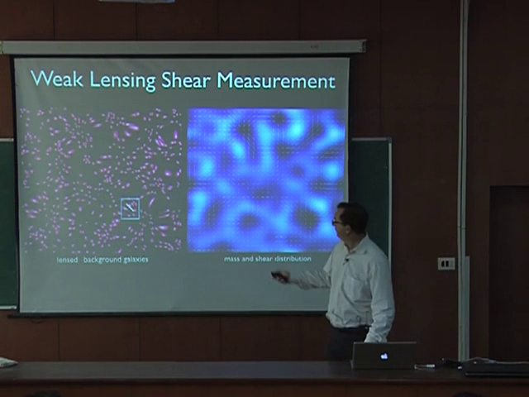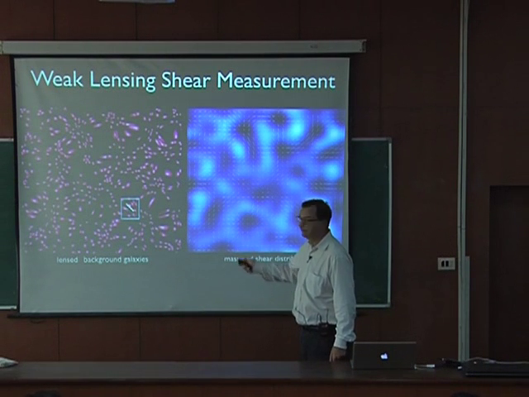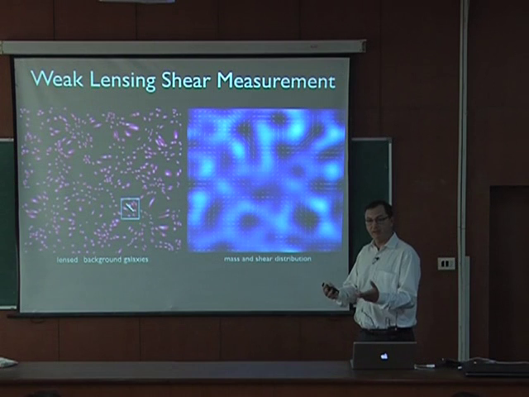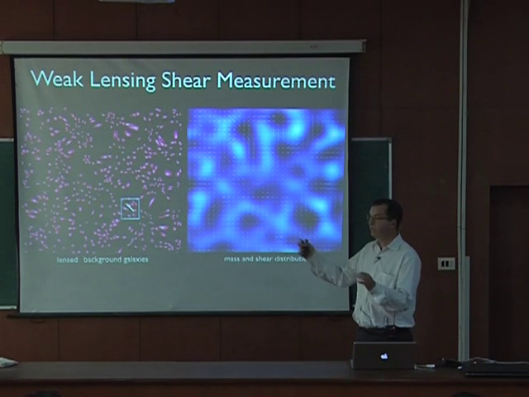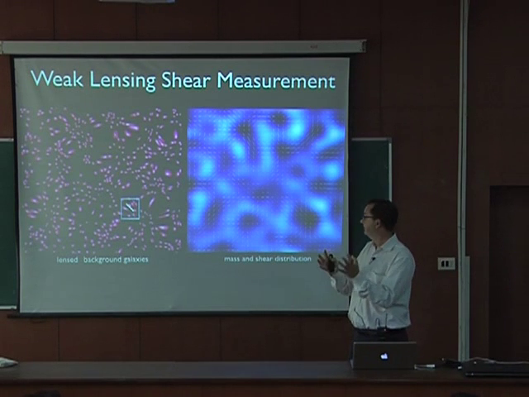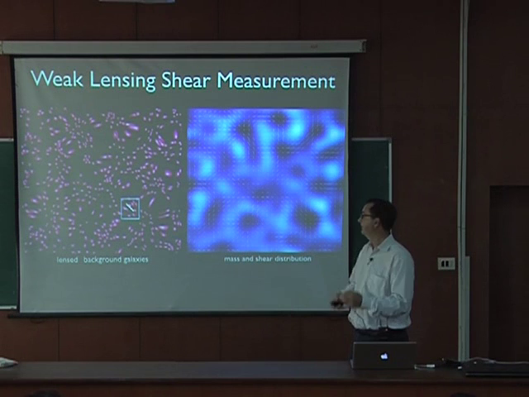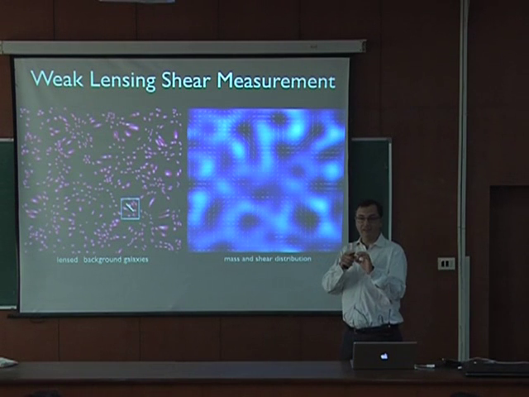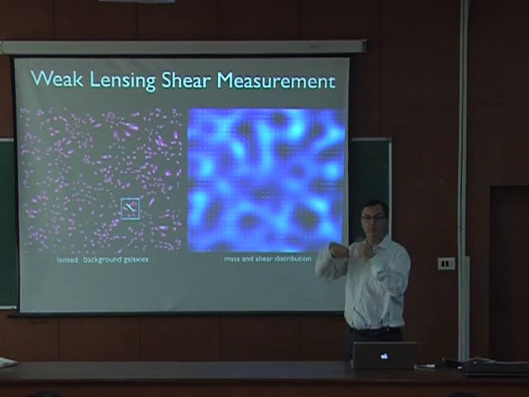If you look at a small region like this, okay, if there were no lensing, the galaxies would be, in this very simple case, all circular, so they would not be on average elliptical. So if you look at the average ellipticity of the galaxies, it would be 0. Okay? Even if the galaxies had a small ellipticity, they would be randomly oriented, and so they would average to 0.